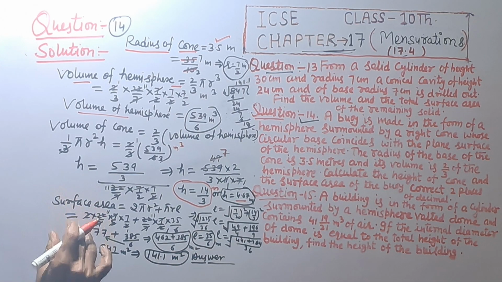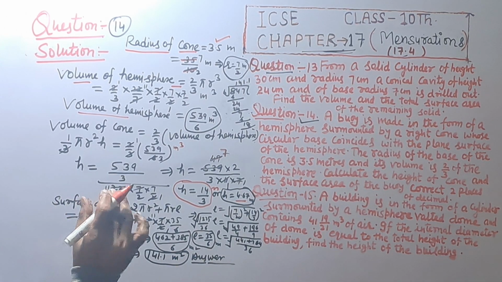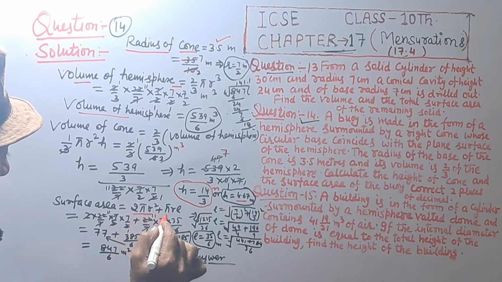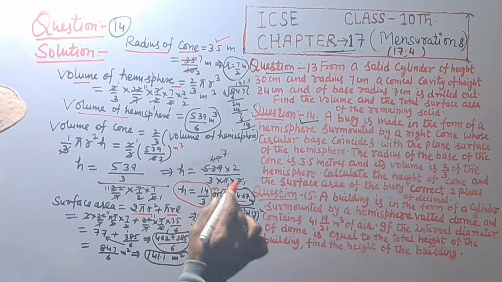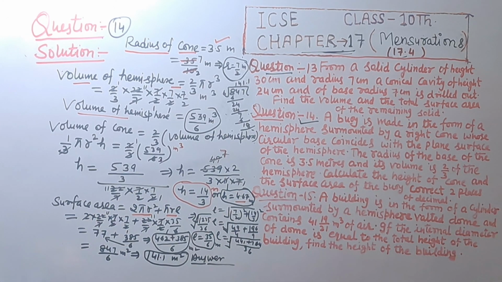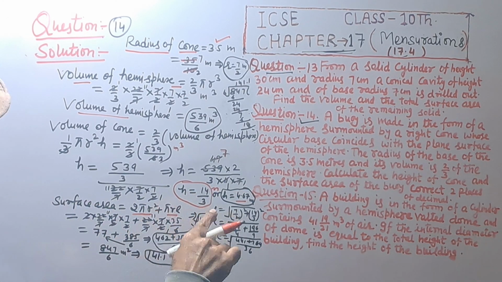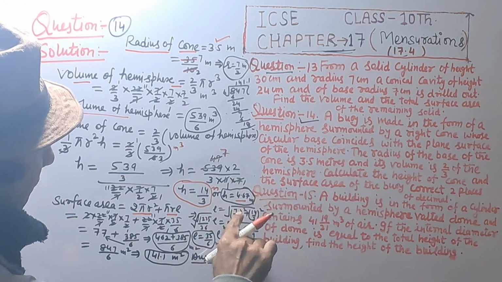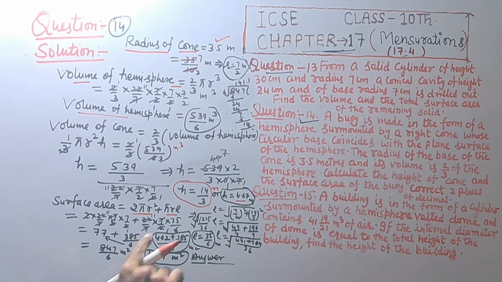And surface area is equal to curved surface area of hemisphere plus curved surface area of cone. First we find the slant height of the cone, that is L is equal to root of r square plus h square.